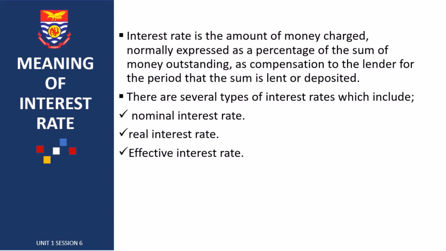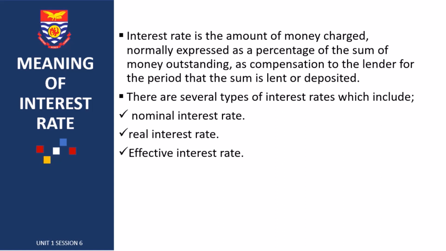If you charge, let's say, 10 cedis from your friend for keeping the 100 cedis for a month, the 10 cedis is the interest, since the principal figure is the 100 cedis that was lent out. And there are several types of interest rates.